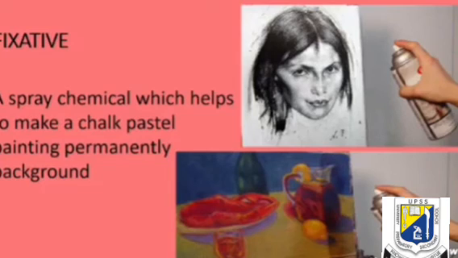In the second picture, you see a pastel composed drawing, which at the right end of this painting has been sprayed on. Fixative has been sprayed on, so you can see the difference between the part that has been sprayed, which is a little bit darker than the other part which has not been sprayed. So the reason why they spray fixative is to make the drawing or painting permanently fixed on the surface.